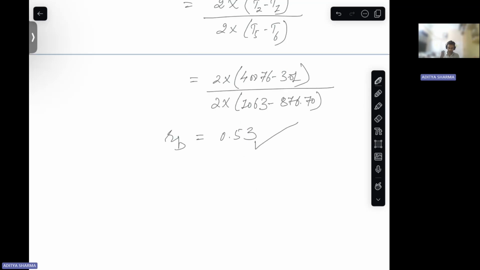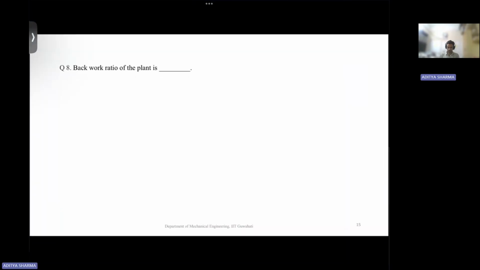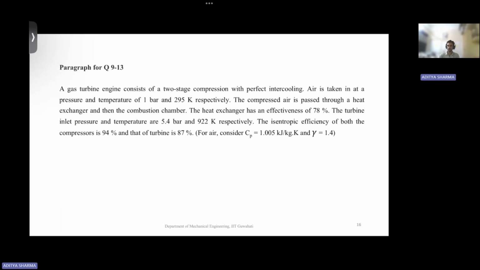So this is your solution, back work ratio. So this was about your first group. Then second group is also there. So quickly read this and then we will solve this.